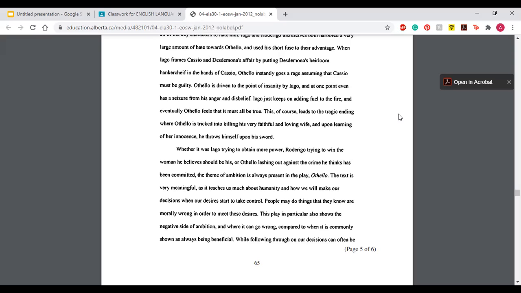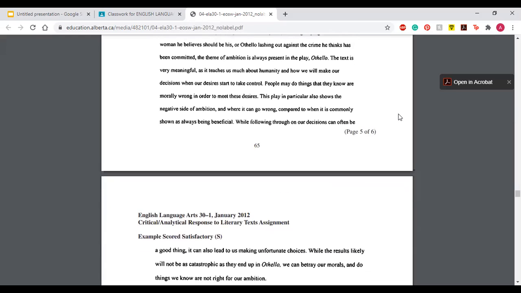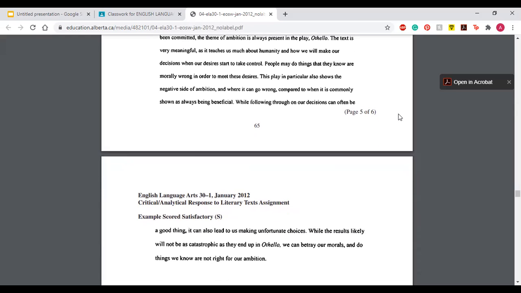Then it says here, this play in particular also shows the negative side of ambition and where it can go wrong compared to when it is commonly shown as beneficial. While following through on our decisions can often be a good thing, it can also lead us to making unfortunate choices. While the results likely will not be as catastrophic as they end up in Othello, we can betray our morals and do things we know are not right for our ambition.